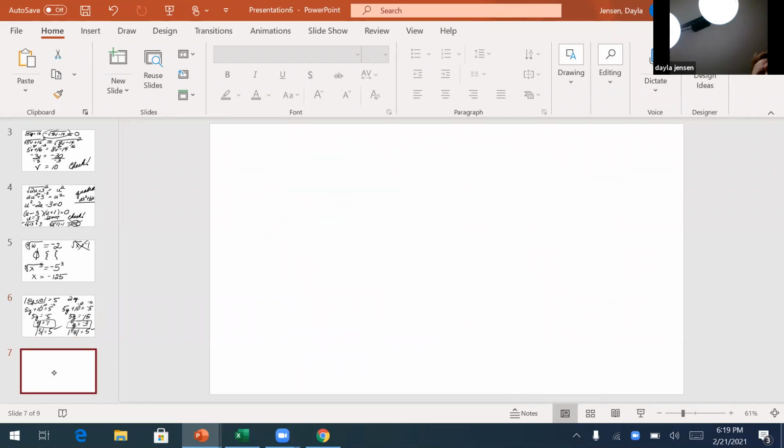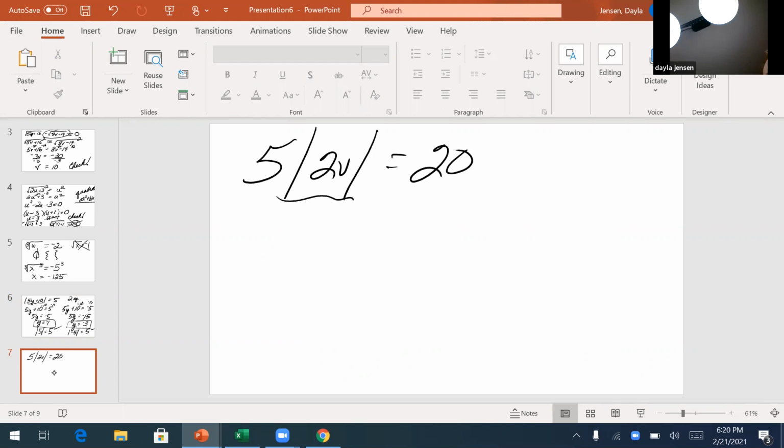What if I have 5 times |2v| equals 20? First thing I want to do is get the absolute value sign by itself. So we'll divide both sides by 5. So |2v| equals 4.